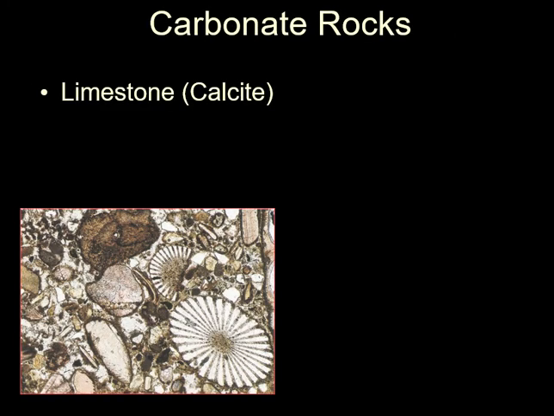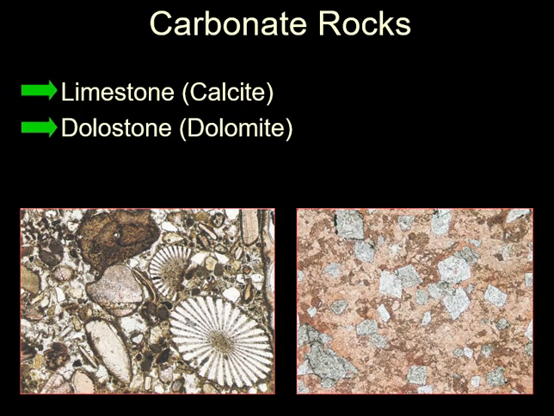So, carbonate rocks. Limestone is the best known carbonate rock. Dolostone, made of dolomite, is another type of carbonate rock. This, as you can see, is clearly a biogenic limestone made of the dead organisms of calcareous skeletons which accumulate on the ocean bed.